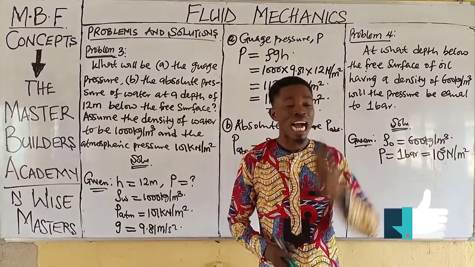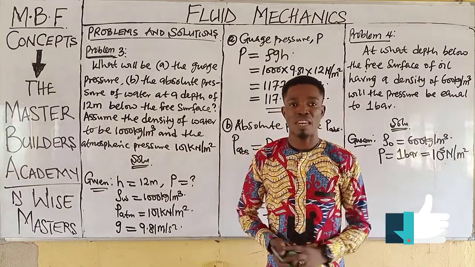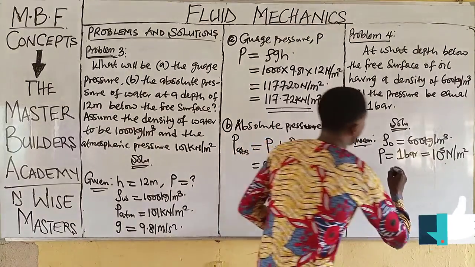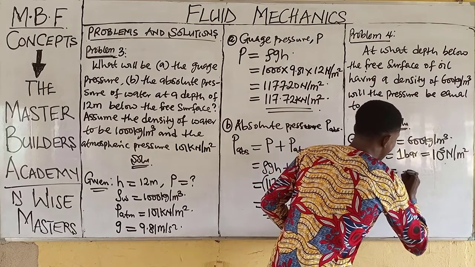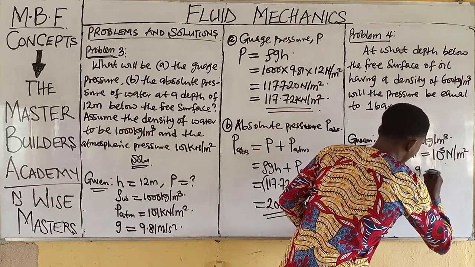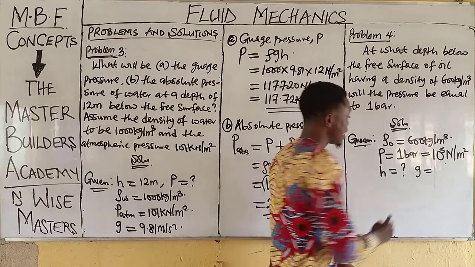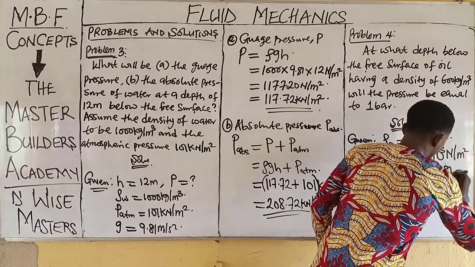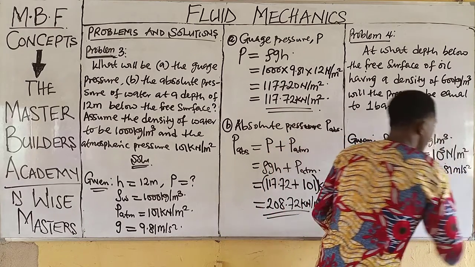That is what we have 1 bar to be equivalent to. Then we have depth h as unknown, and we equally know that acceleration due to gravity is 9.81 meter per second squared, standard.